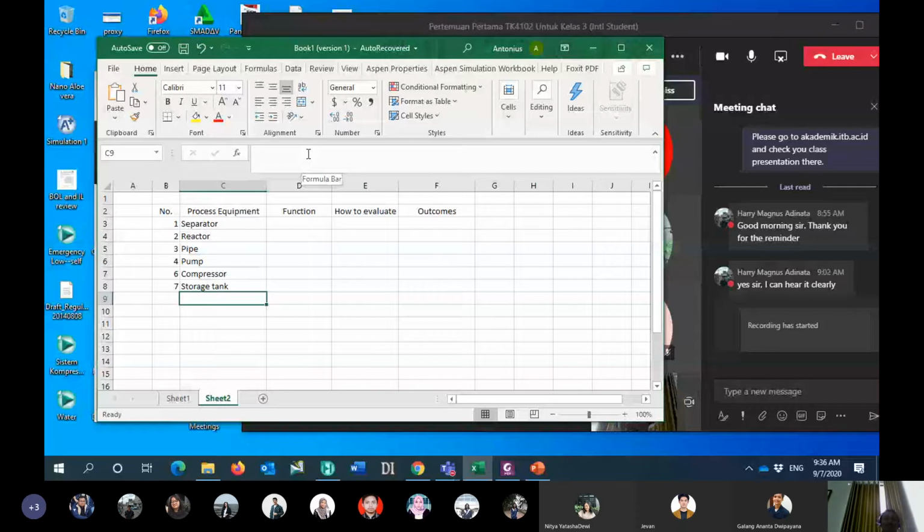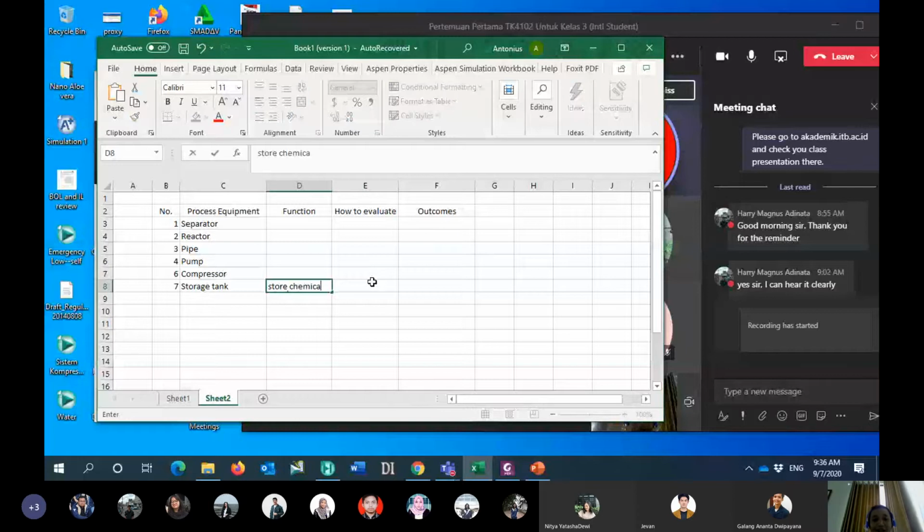What is the function of a storage tank? To store chemicals, sir. Chemicals, yes, liquid chemicals. Sometimes gas is also possible, but limited.